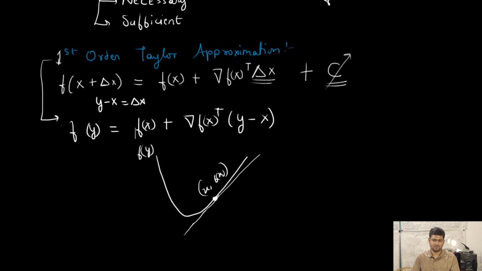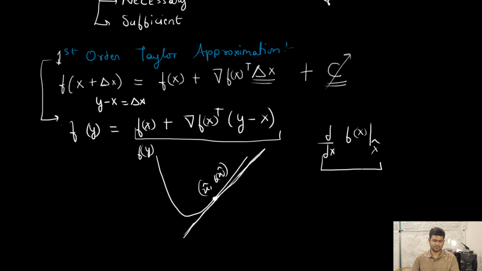This function represents this line. If we consider a scalar case, the slope of this line is given by the derivative of the function, d by dx of f at point x. Let's consider this point is some x hat, and the slope of this line is given by the derivative of the function.